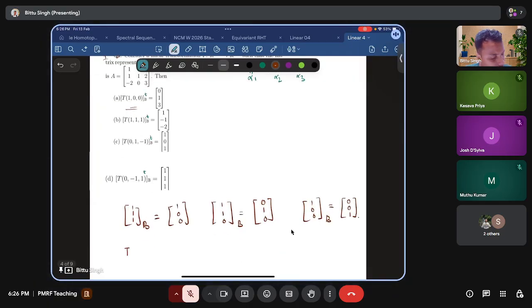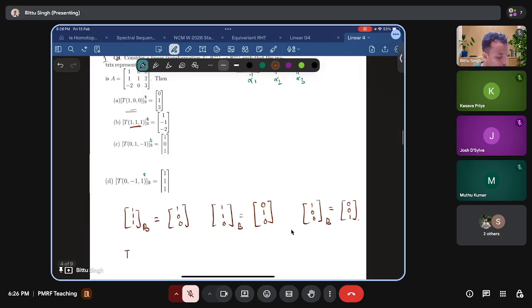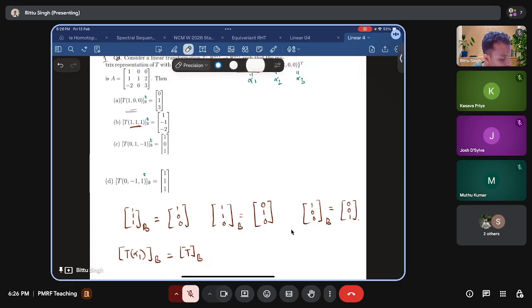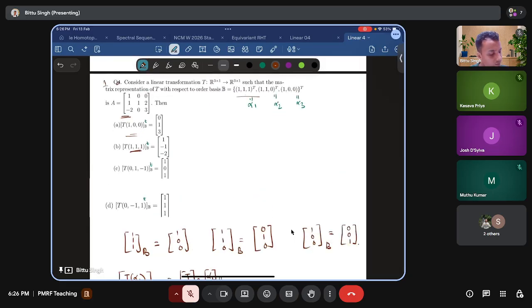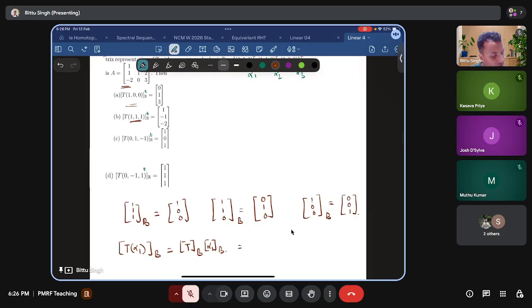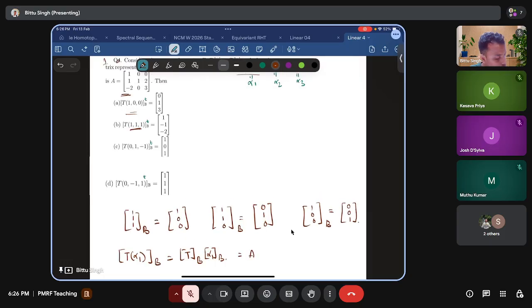Now T of 1 1 1 is actually T of alpha 1. T alpha 1 with respect to B is simply the matrix representation A multiplied by the coordinate of alpha 1, which is 1 0 0.